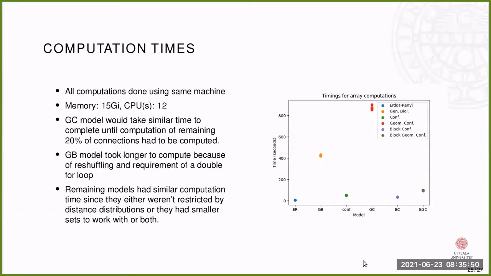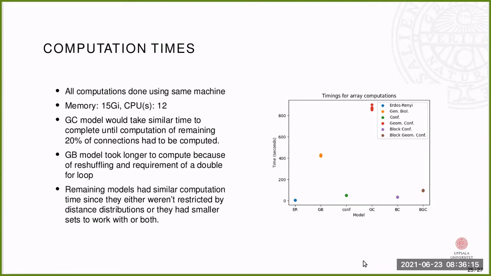One of the things that was of interest to me, at least, was to state that for computing these models, we used the same machine, with the basic details given below. We note that the configuration model, the block, and the block models gave very similar times.